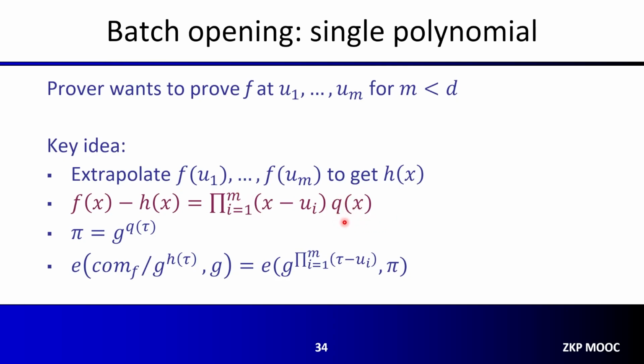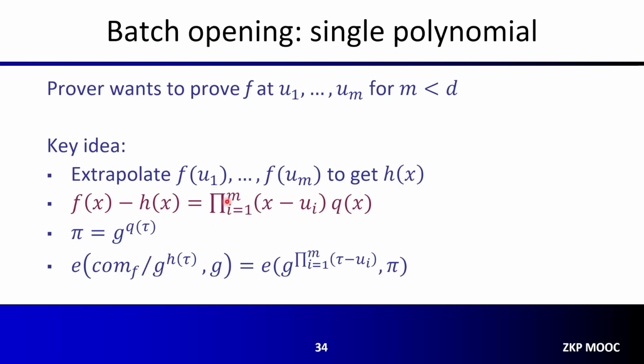Why is that? Again, we can check the roots of this polynomial on the left-hand side. If you evaluate this polynomial at u1, then because of the property of h of x, f(u1) equals h(u1). So the left-hand side is 0 at point u1. For a similar reason, it is also 0 at u2, u3, all the way to um.